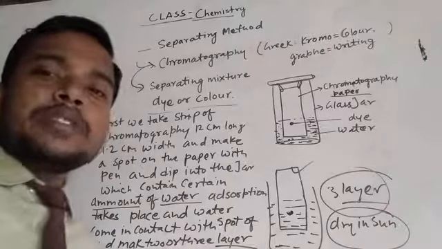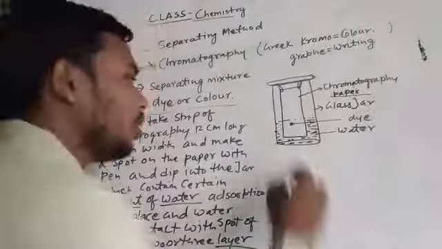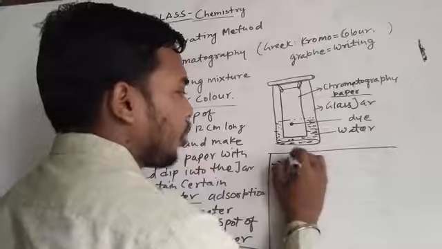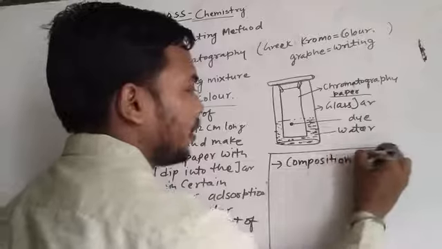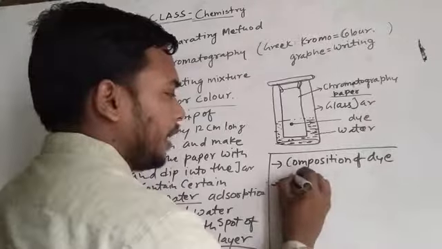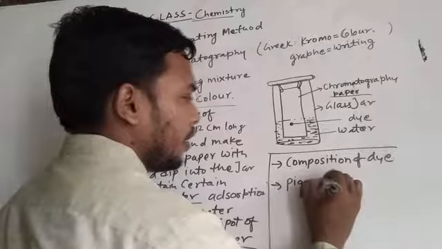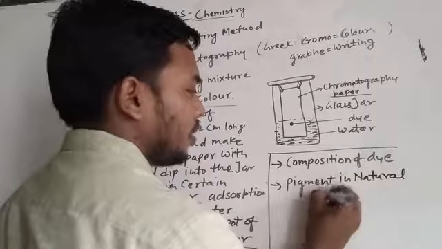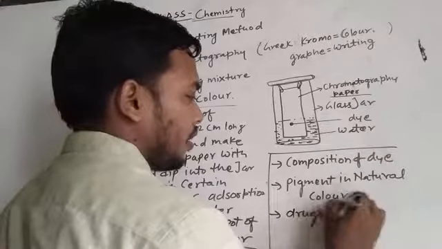So in this way we can separate the colors present in the mixture. We can take the help of chromatography to find the composition of dye and pigment in natural color, and drugs in blood.